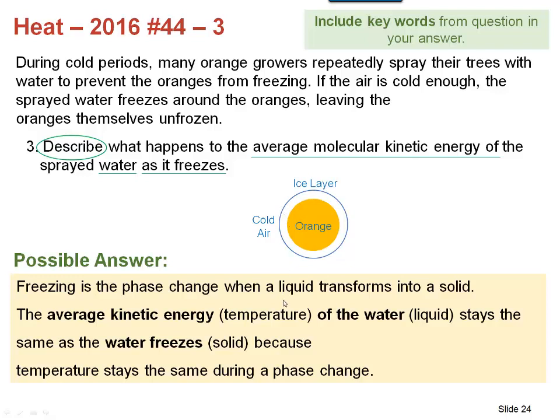The average kinetic energy, or temperature, of the water, which is a liquid, stays the same as the water freezes, which is a solid, because temperature stays the same during a phase change. The energy is being released by the water. So during a phase change, the temperature doesn't change, but after the water is frozen, it can continue cooling again.